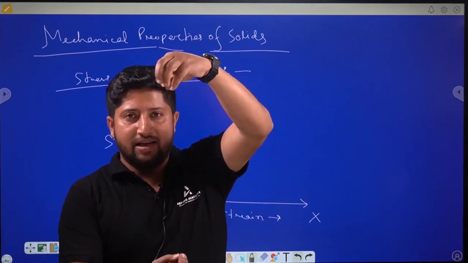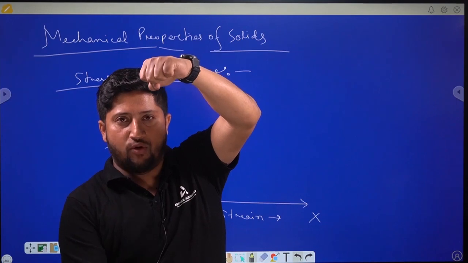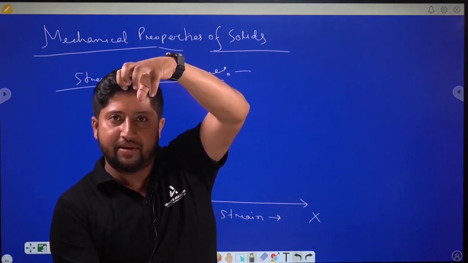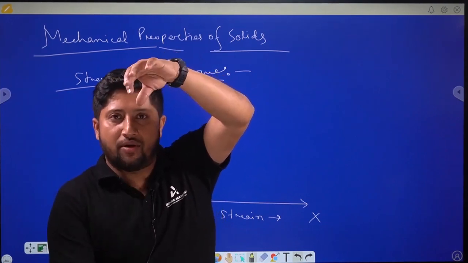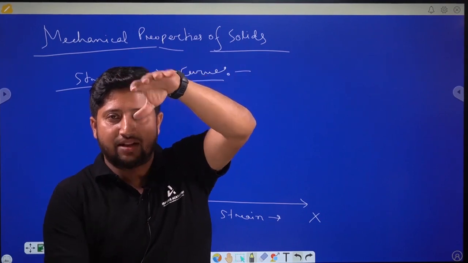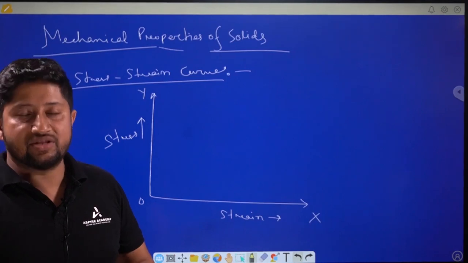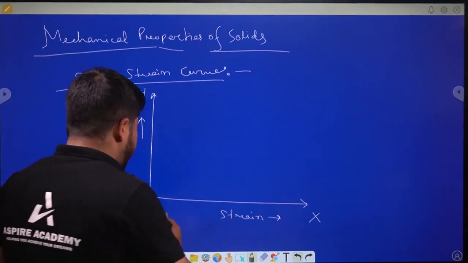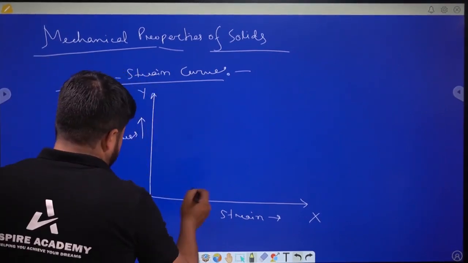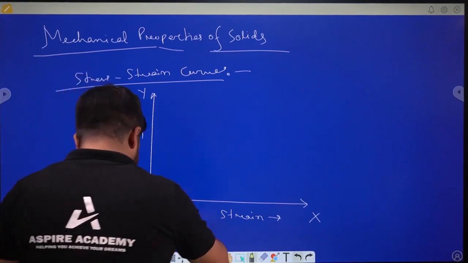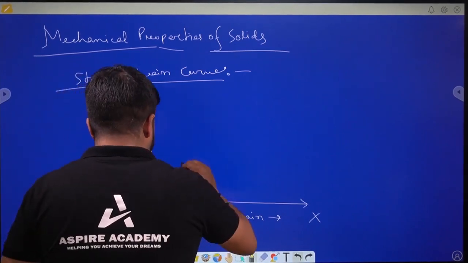Suppose there is a wire, and we apply a force to it. What will happen? It can be elongated by a small amount. This change in length relative to the original length is called strain. Then, if we plot the stress-strain curve, we get this type of curve.